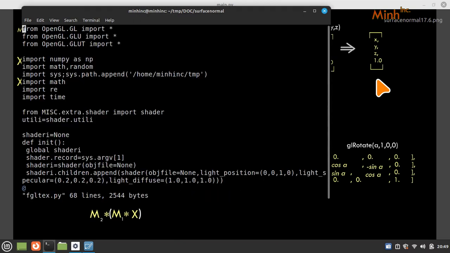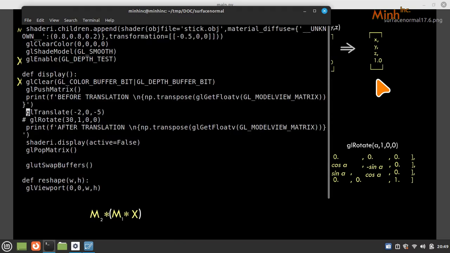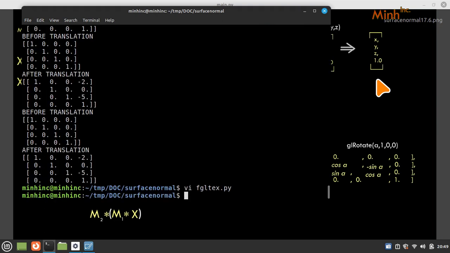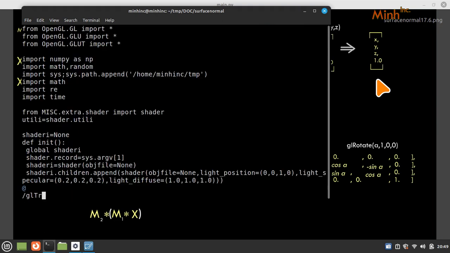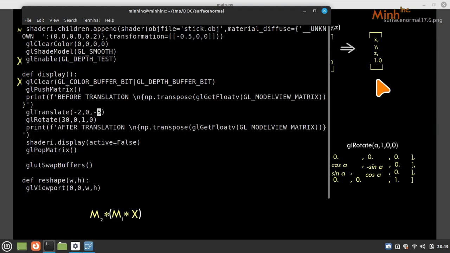Okay, this is how it is. So GL translate. Okay, so we rotate 30 degrees along the y axis, and then we translate -2. Let's see. I think GL translate will give it minus 15, so it should be nicely visible.